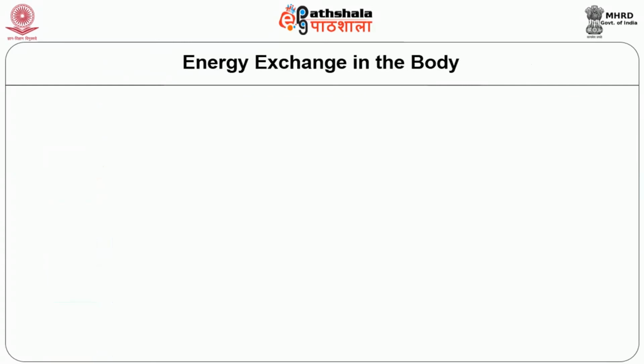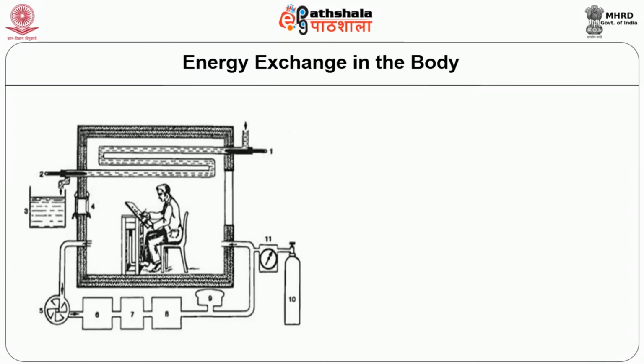Let us understand the energy exchange in the body and methods of measuring it. The amount of heat produced by the body can be measured by direct and indirect methods. By this method, the relationship between energy output and oxygen consumed has been determined.